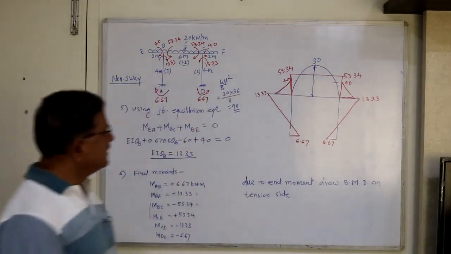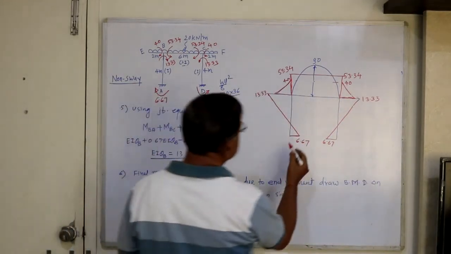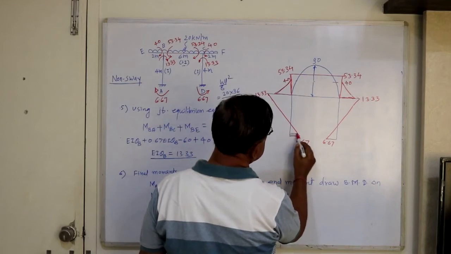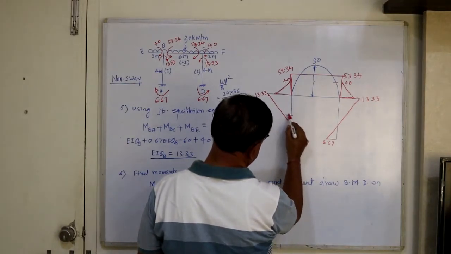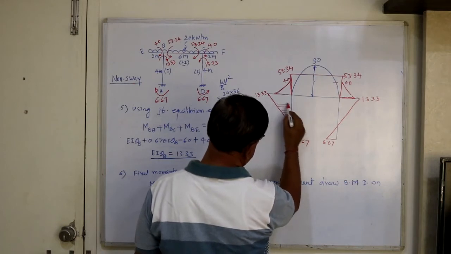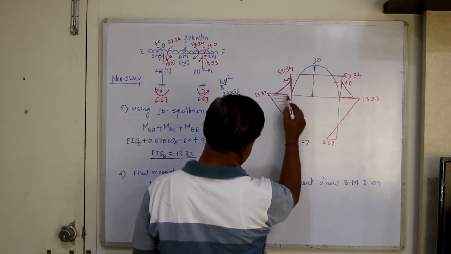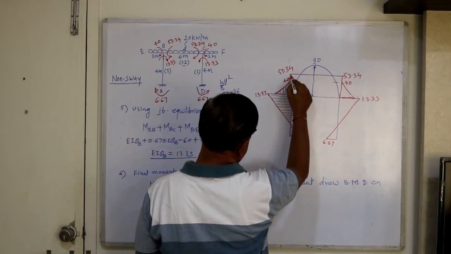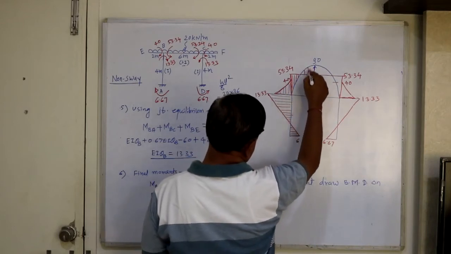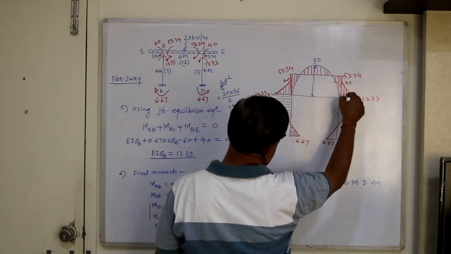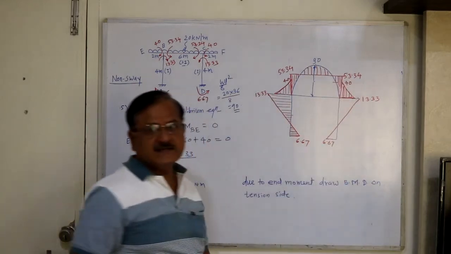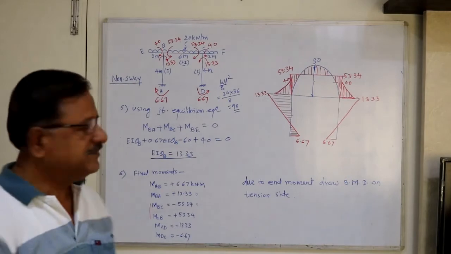Okay, this is the final BMD. Now the shaded area represents the final bending moment diagram.